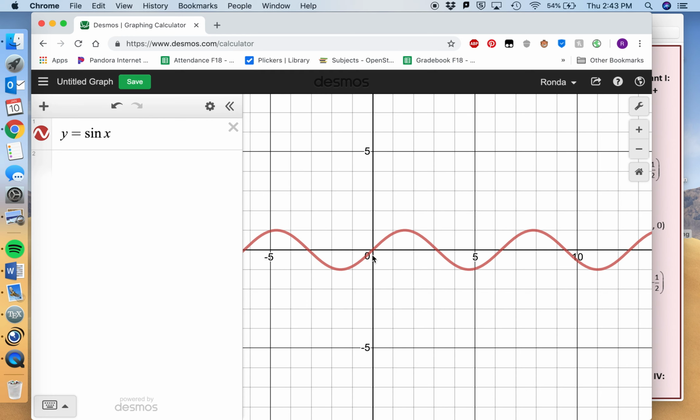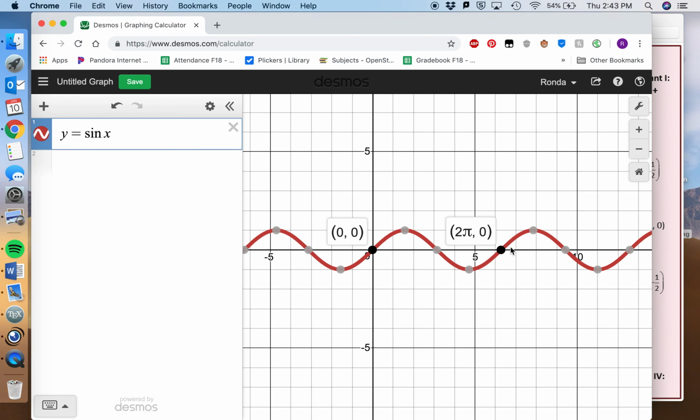If I start at 0, I go up, I come back down to pi, and then I go negative, and then I come back up. Now if I start right here, I'm in this exact same place with this point as this point, and it's the same thing until I get here. So the period of a sine function is, in fact, 2 pi.